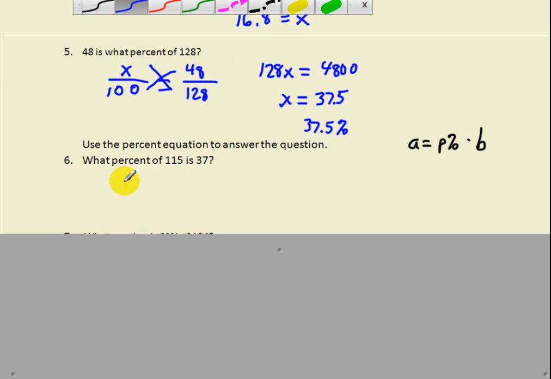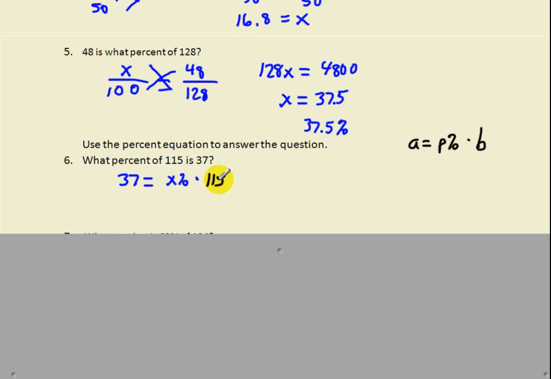So we're going to have 37 equals, so is where our equals will go, and then what percent, so we could say P or X, whichever one you want. So let's, in this case, say X percent times our base of 115. And so we're going to divide by 115.